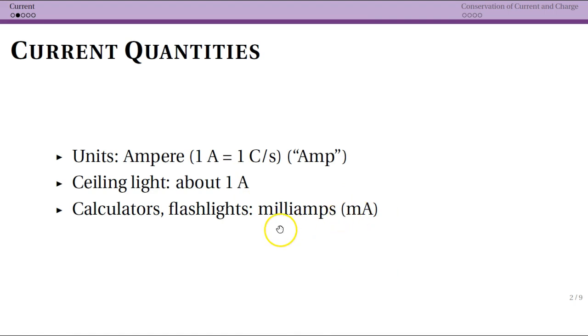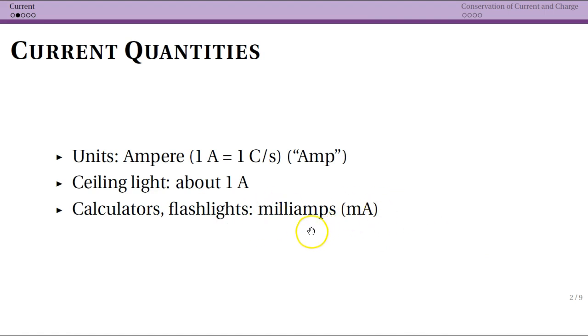You should expect in some calculations to get maybe 1 or 2 amps. If we're talking about household things like stoves and refrigerators, those might use, say, 5 amps, 10 amps. But if we're talking about a small device or circuits, we probably only want to get milliamps.